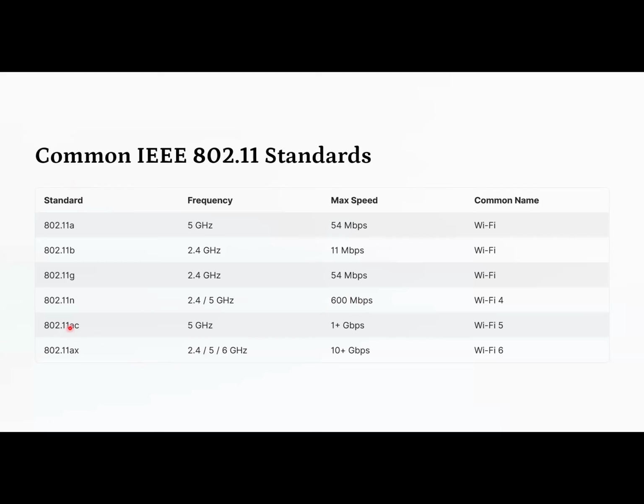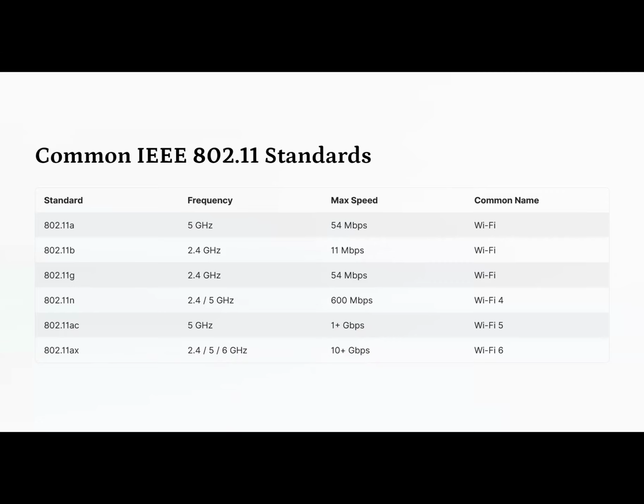And again, we have the AC, which is 5 gigahertz, and the speed is 1+ gigabits per second. And finally, the AX, and this is the frequency bands that you see, and that is 10 gigabits per second. So you can see the kind of speeds that this particular Wi-Fi fidelity will be able to exhibit.